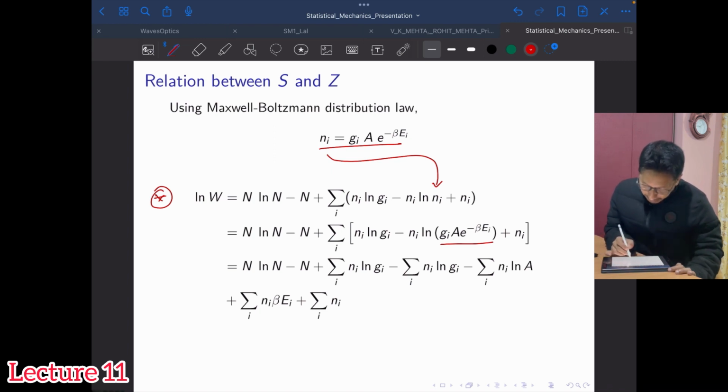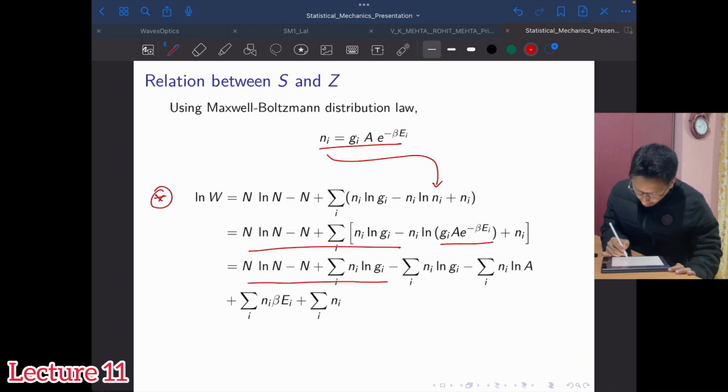The other terms are the same. Here ni is again common, ln gi minus, see, ln gi. So this is ln ni into ln a, and there are three terms being multiplied here.